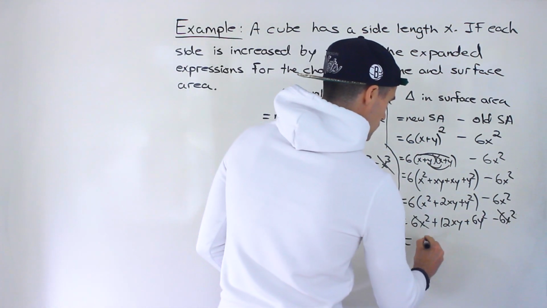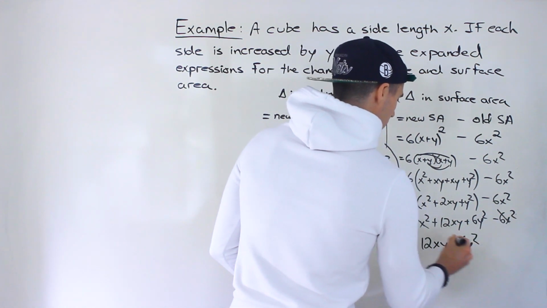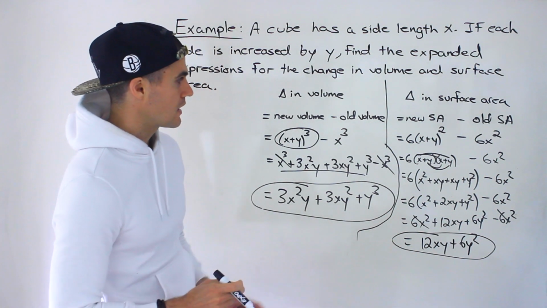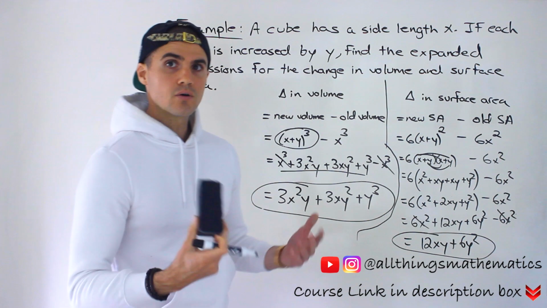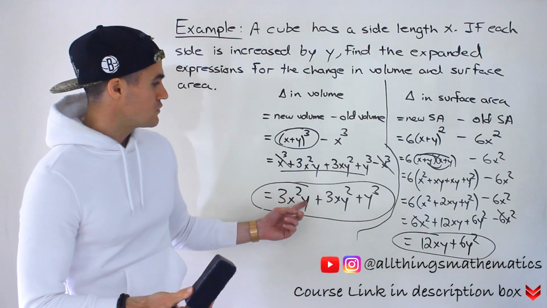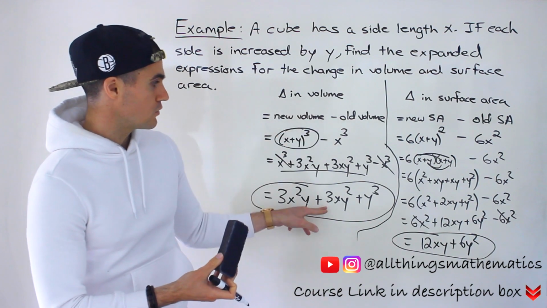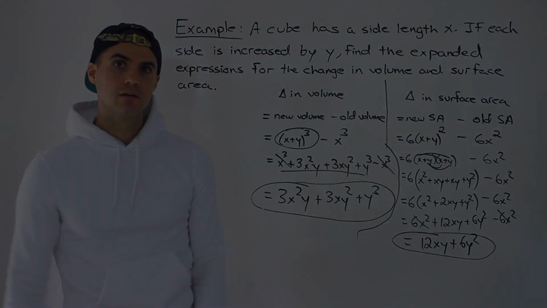So we end up with 12xy plus 6y squared. So those are not like terms. Can't simplify those any further. All right, so that is the change in volume between the cubes, the new volume minus the old volume. This here, this expression, is the change in surface area.